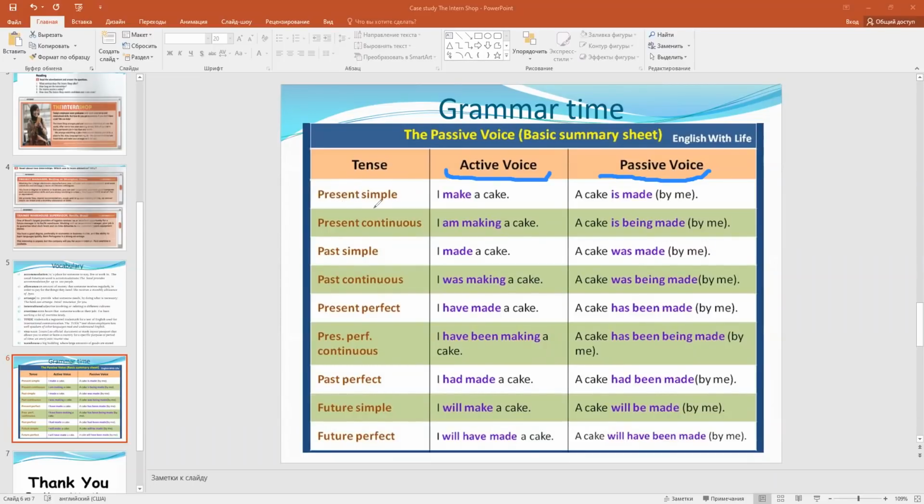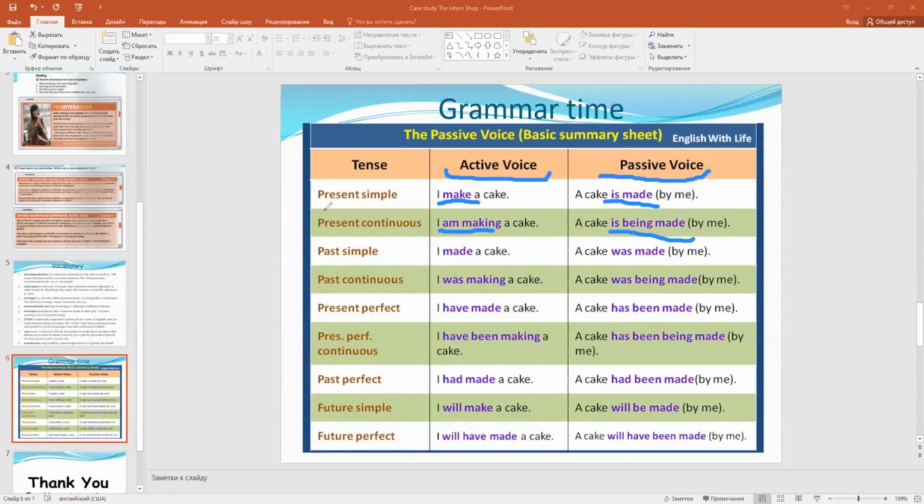For example, present simple, present continuous, past simple, past continuous, present perfect continuous, and also ends with future perfect. So now I'm going to attract your attention to these forms. Do you see the difference between the two sentence structures for these two kinds of sentences? Active voice sentences in the middle and passive voice sentences on the right side of this table.